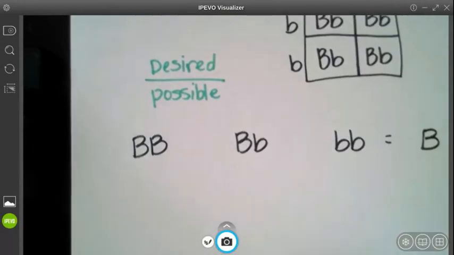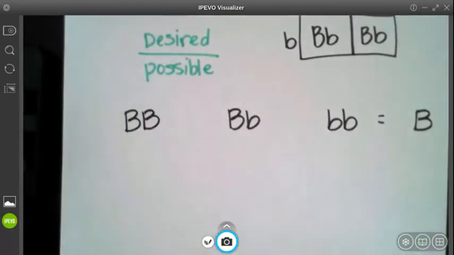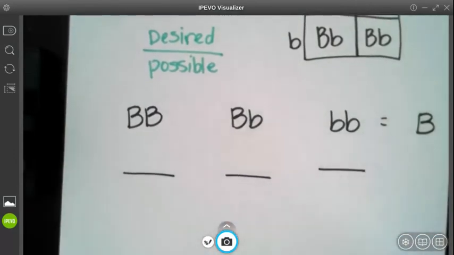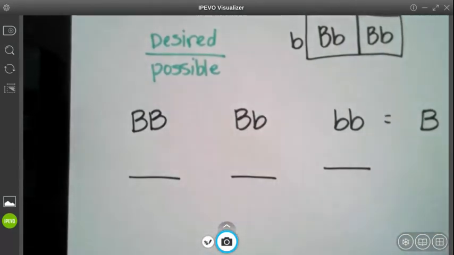And then we're going to have over possible. I'm going to do possible first. Possible is what I could possibly get from my problem.